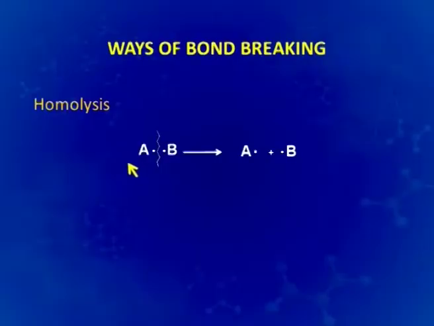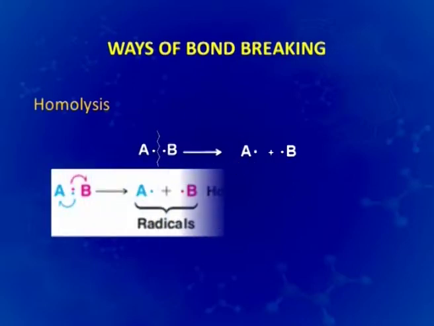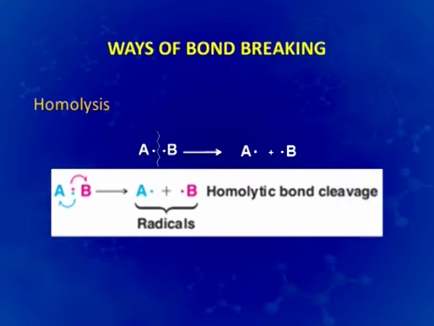Here, what exactly happens is, if we have two atoms in the molecule sharing an electron each, the bond breaking takes place in such a manner that both the fragments get an electron each. This can be depicted with the help of arrows, and we get two moieties which have an electron each as a result of homolytic cleavage.